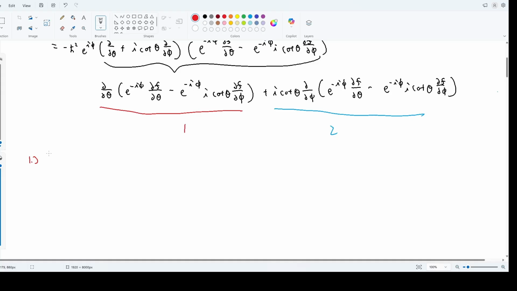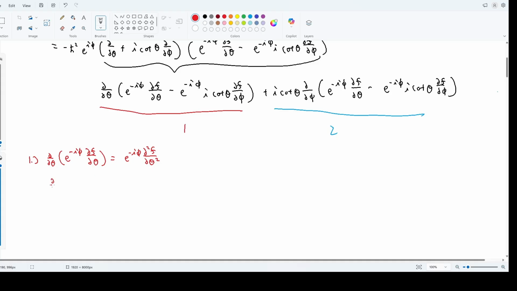This is going to give you d by d theta of the first subterm inside term 1, which is e to the negative i phi df by d theta. And e to the negative i phi is not going to interact with the theta derivative, so we get e to the negative i phi d2f by d theta squared.